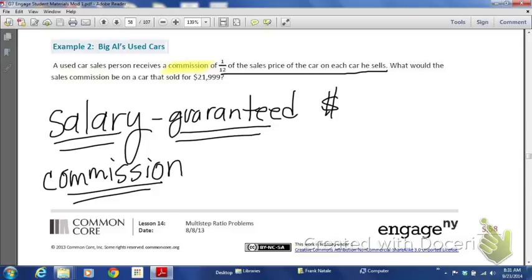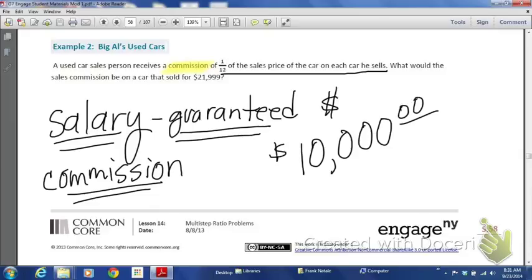So, very simply, let me use a simple example here. Say I sell a car for $10,000, and you make 10%.